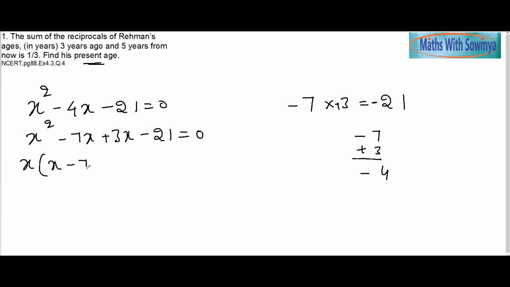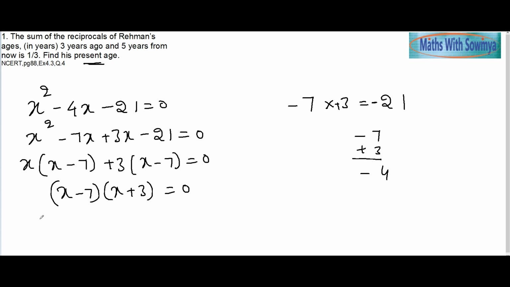X common, X minus 7 plus 3. So this will give us X minus 7 times X plus 3 equals 0. So X minus 7 is 0 or X plus 3 is equal to 0. X is equal to 7 or X is equal to minus 3.